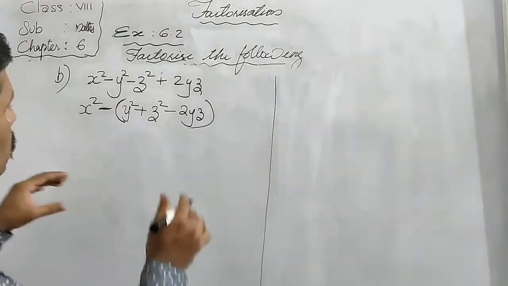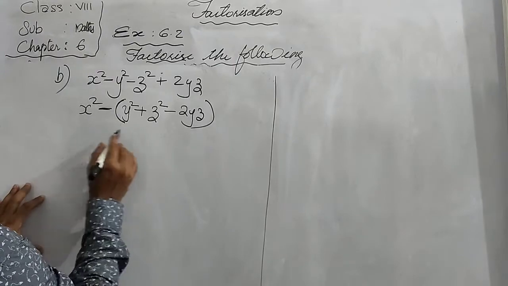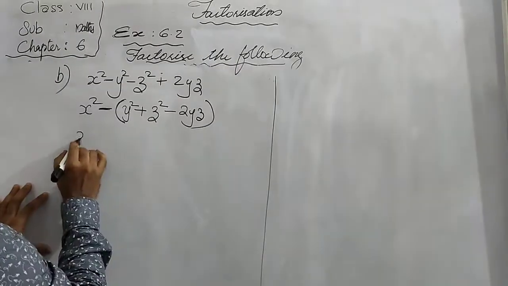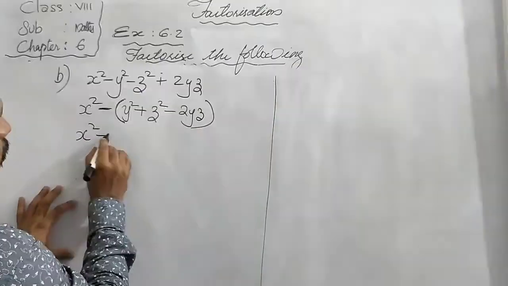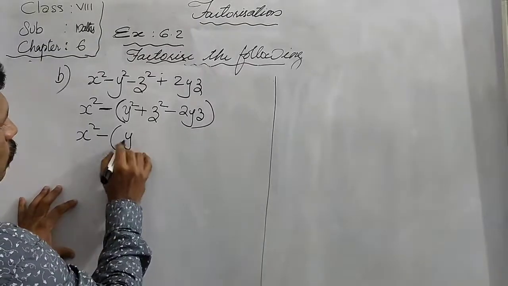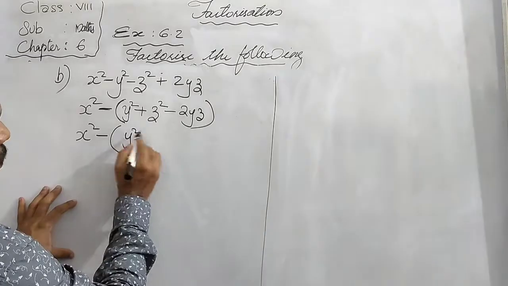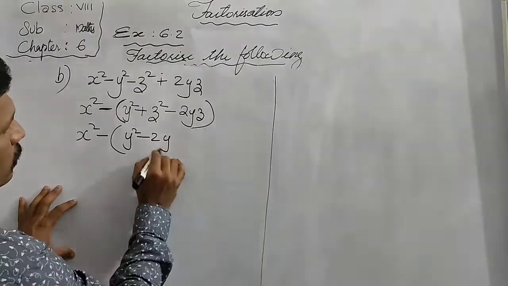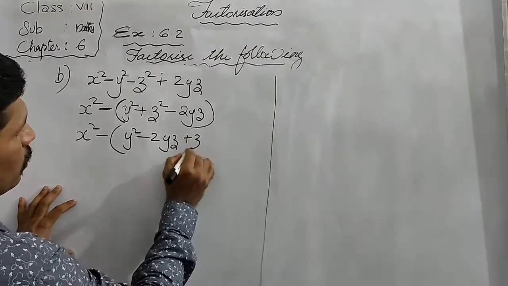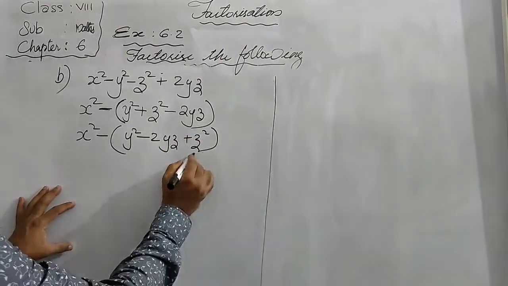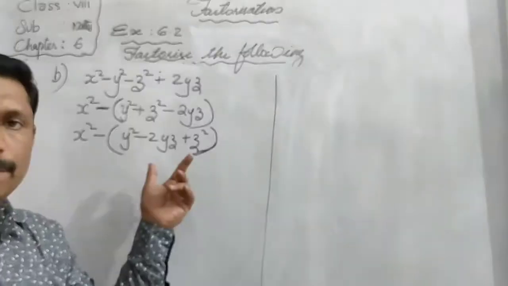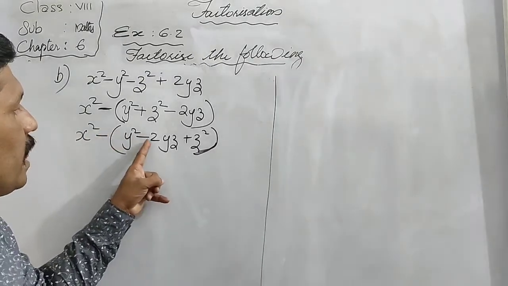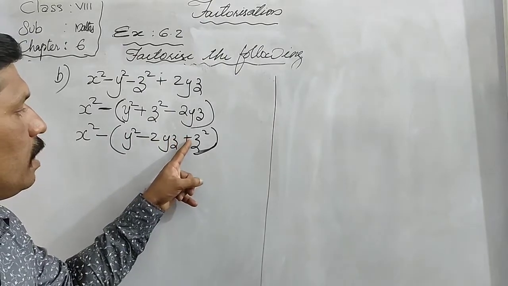And now also this is not in order according to the property a square minus 2ab plus b square. That's the identity. So we rewrite it: x square minus, a square, means here y square, it is a square minus 2ab plus b square. Now students, we arranged that trinomial in the proper order: x square minus bracket y square minus 2yz plus z square.